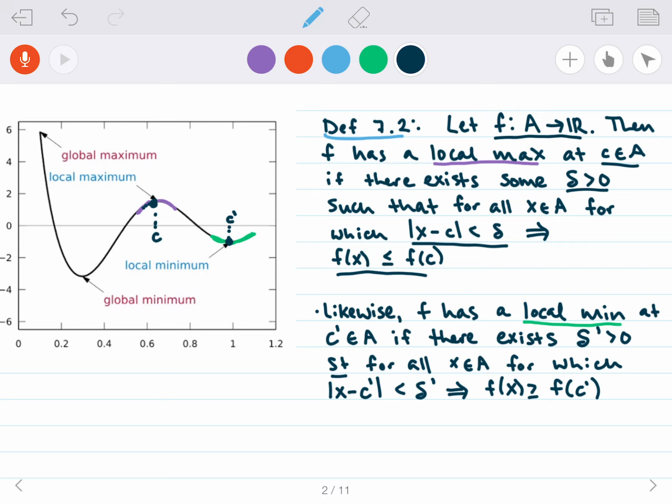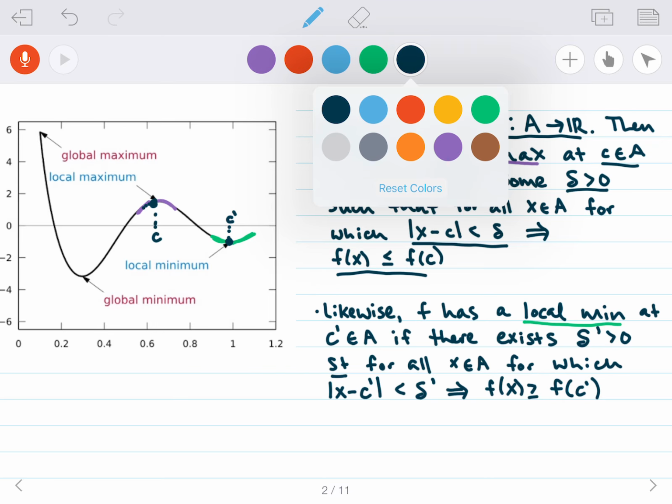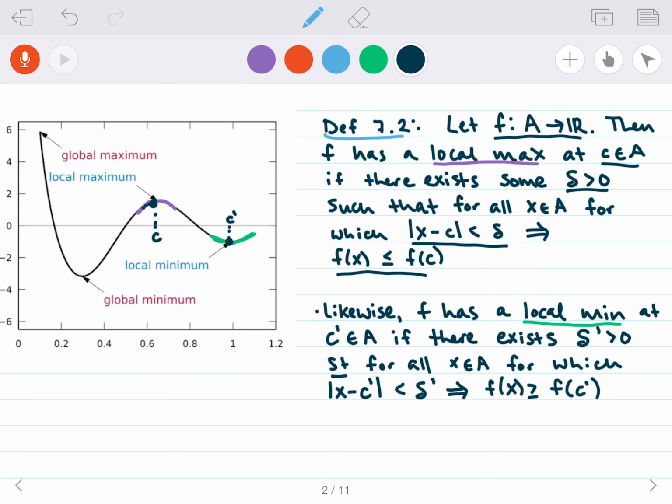And so what this is saying is that there exists a neighborhood, not for all neighborhoods. And why is that the case? Because let's consider a big delta neighborhood centered at c. Well, then this definition does not hold true. There are f of x values, namely this one right here, that are strictly greater than f of c.